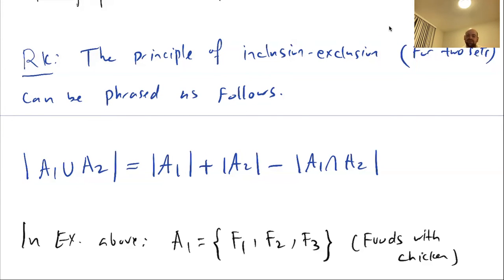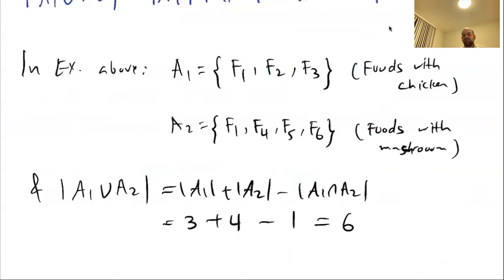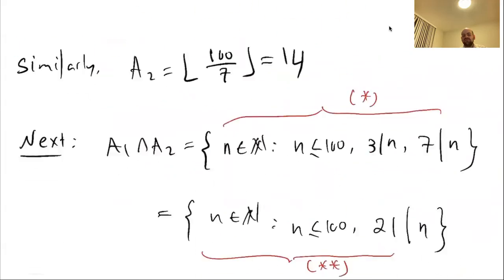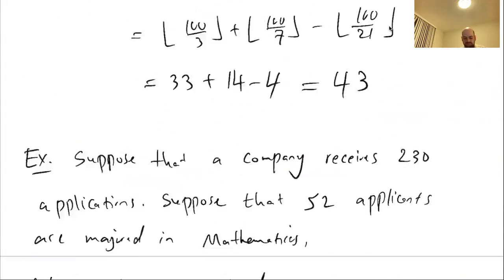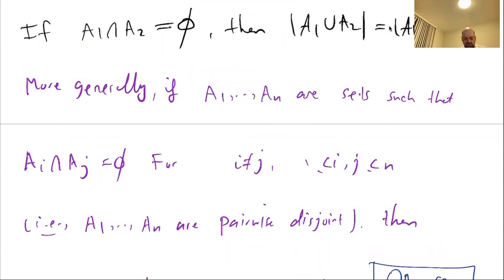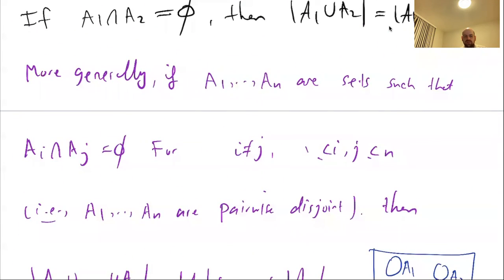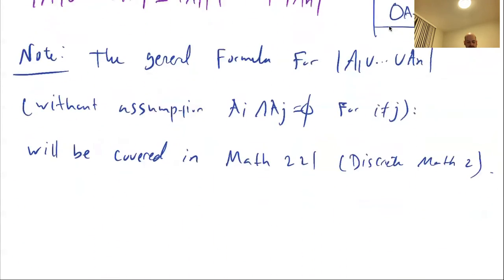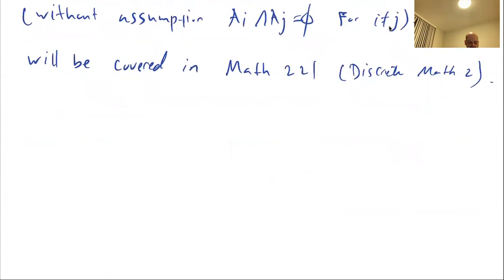For n sets, we only covered the particular case where the intersection is empty for any two sets. The general case for n sets will be covered in Math 221. Okay, so let's look at an example.